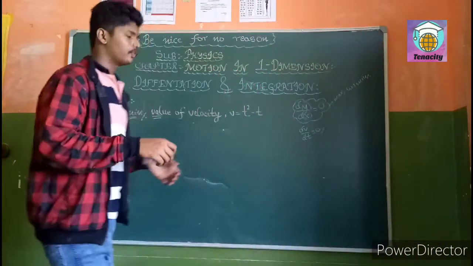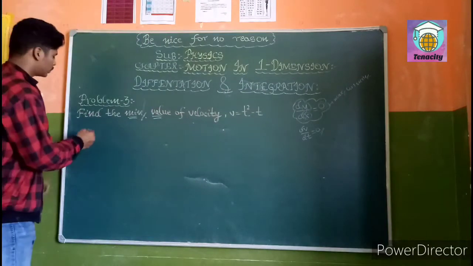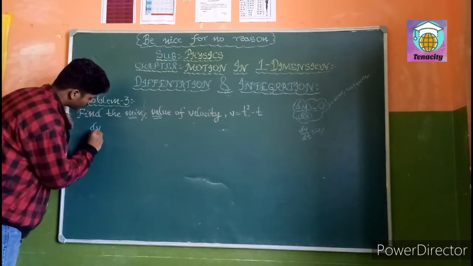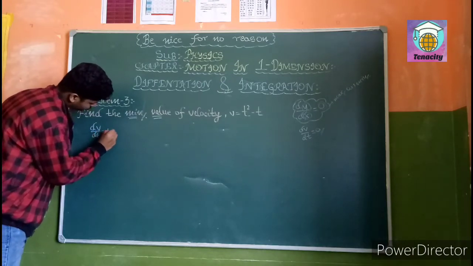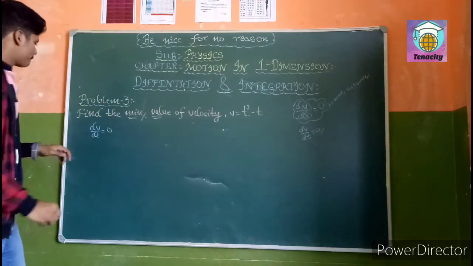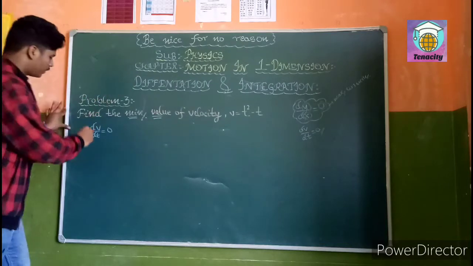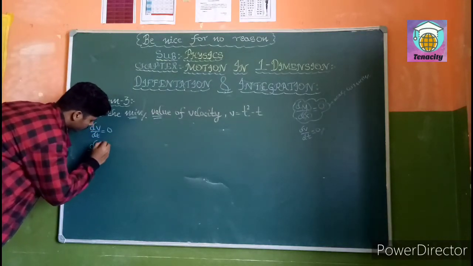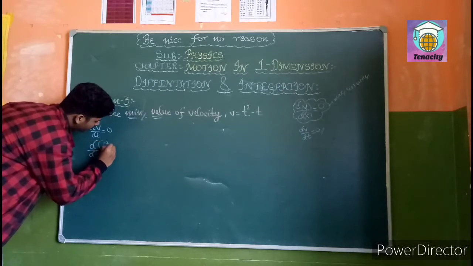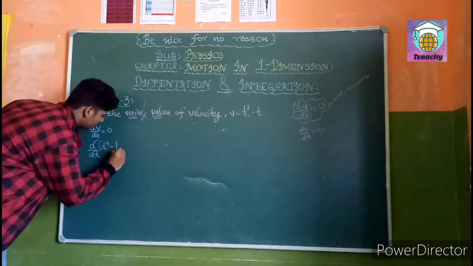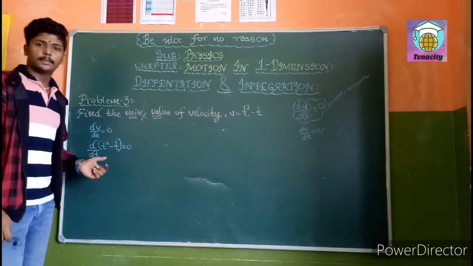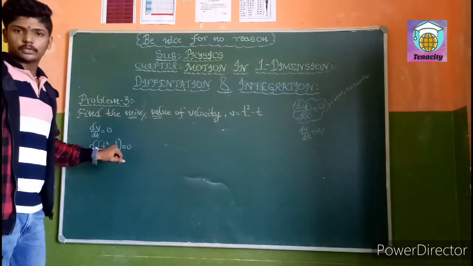Let's start the solution of this problem. I set dv by dt equal to 0. Now you write what v is. So d by dt of t square minus t is equal to 0. You have to differentiate this based on the operation for u minus v.